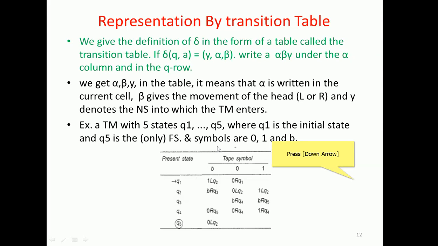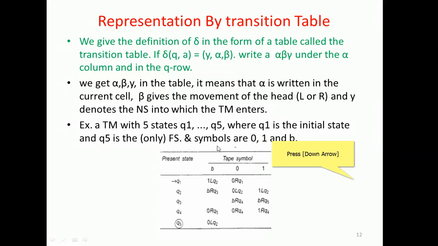B, 0, 1 are the inputs, and the present states Q1 to Q5 are listed row wise. So the tape symbols B, 0, 1 are column wise, and the states are row wise. This example narrates that in Q1, after consuming the input symbol B, it is replaced with 1, and the head is moved to the left side, and the next state is Q2.